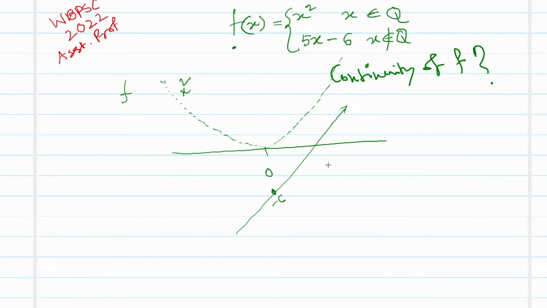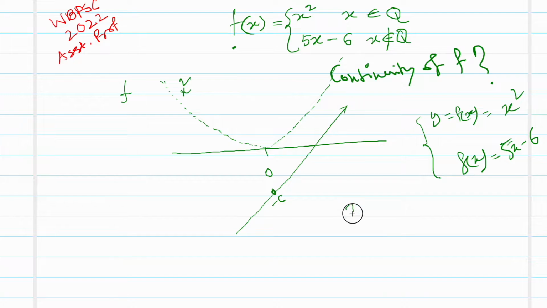For that, how can we decide whether y equal to x square and y equal to 5x minus 6 intersect? Basically we have to check two things. You can write y equal to f(x), because f(x) is given here. So f(x) equal to x square and f(x) equal to 5x minus 6. Whether these two curves intersect, how to decide?